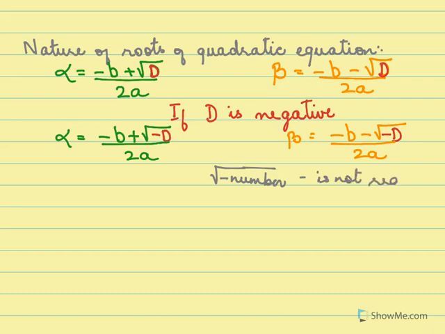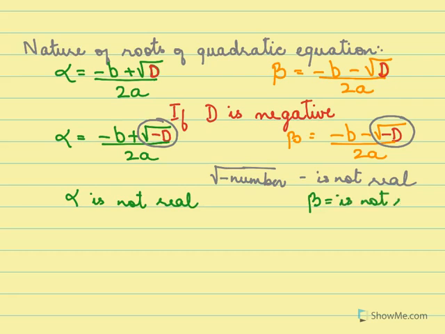Which means alpha is not real, and beta also is not real. So if D is negative, alpha and beta are not real.